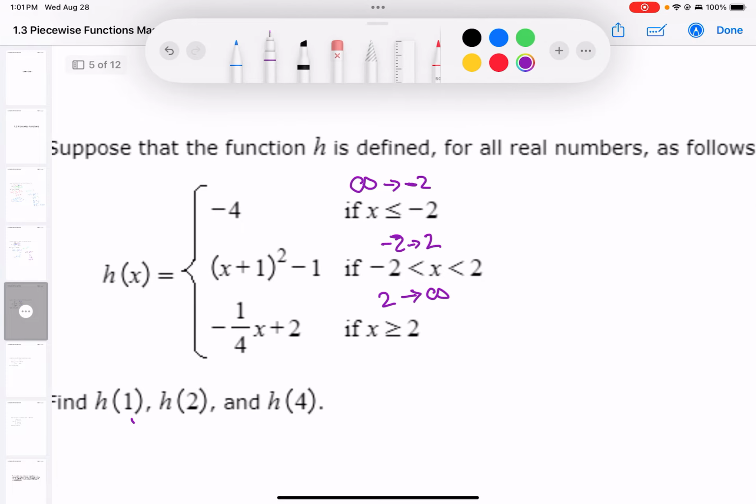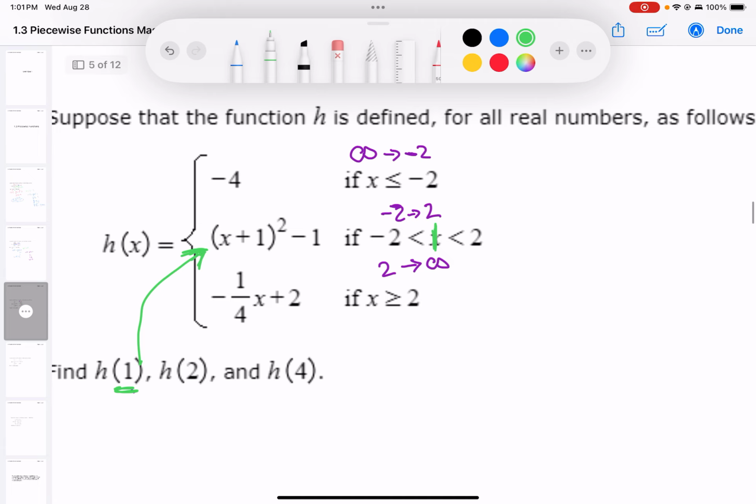So my first one is 1. If I plug this in here, well, is 1 less than -2? No. So it's not the first one. If I plug in a 1 right here, does that make that a true statement? Is -2 less than 1, which is less than 2? Yeah, that is a true statement. So I'm going to be using this right here for h of 1.